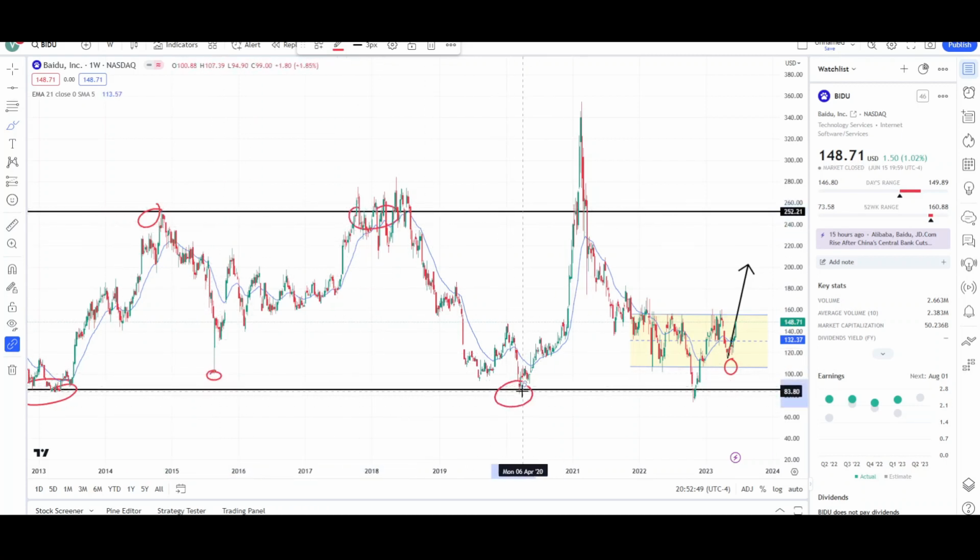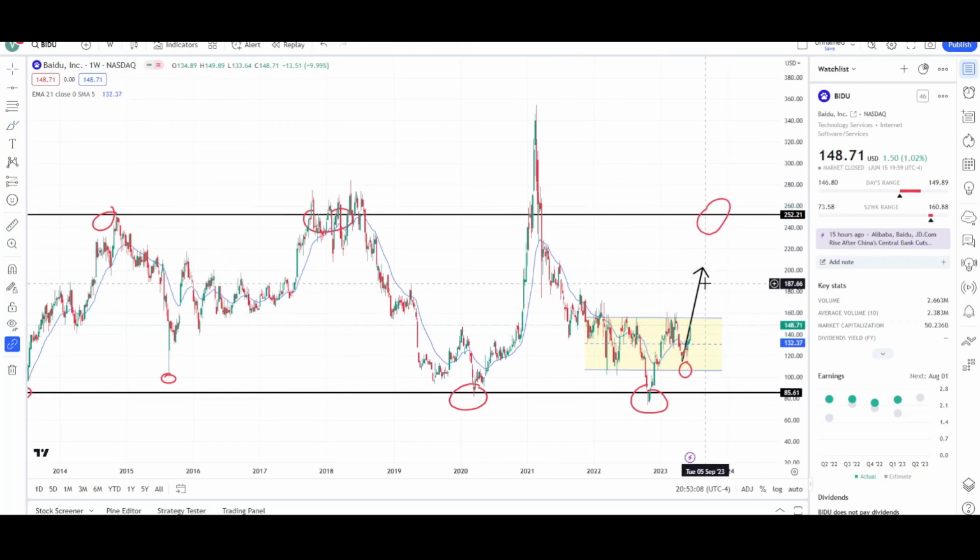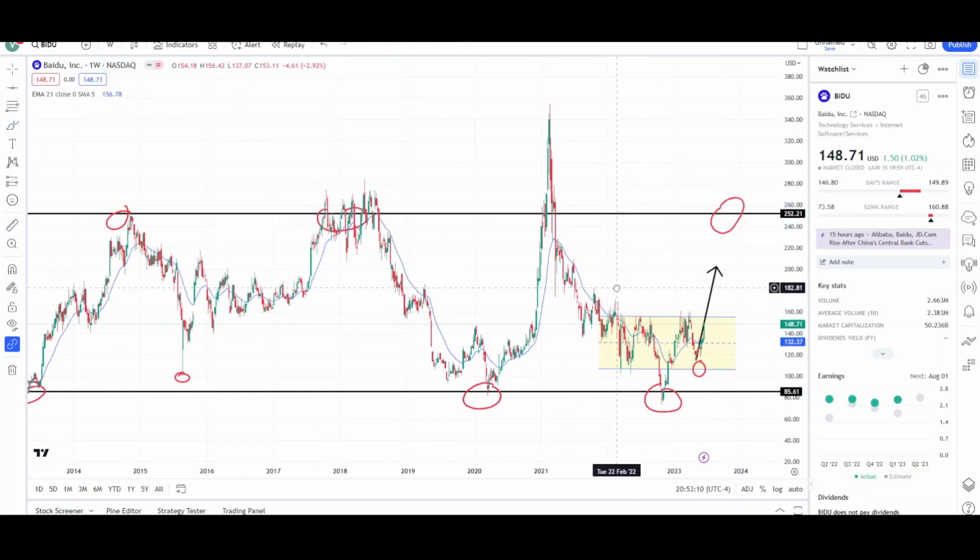In 2020, it bottomed at the low to mid 80s and went all the way up to the 350 level. And in 2022, prices hit the same level again, and we could be seeing that move up higher towards the 250s. We'll see if that occurs. It's a while away, but it is possible. That's why I'm bringing it up.